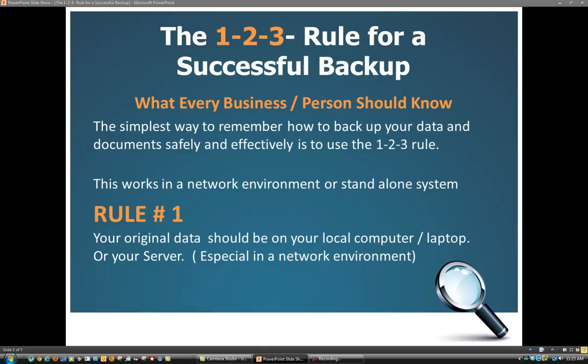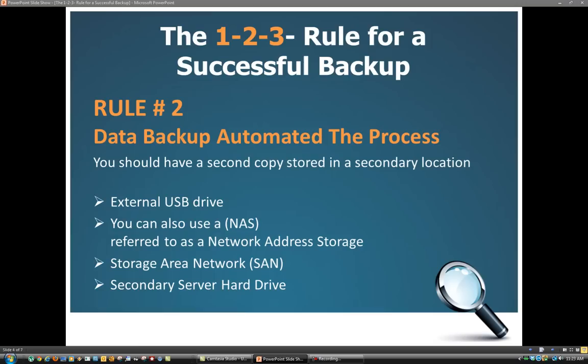Let's move on to rule number 2. Now, rule number 2 is the backup process, and the backup process should be automated. You should have a second copy stored in a secondary location. This can be stored on an external USB drive, which most external USB drives now come with backup software to back up your data, your files, your emails, things of that nature.